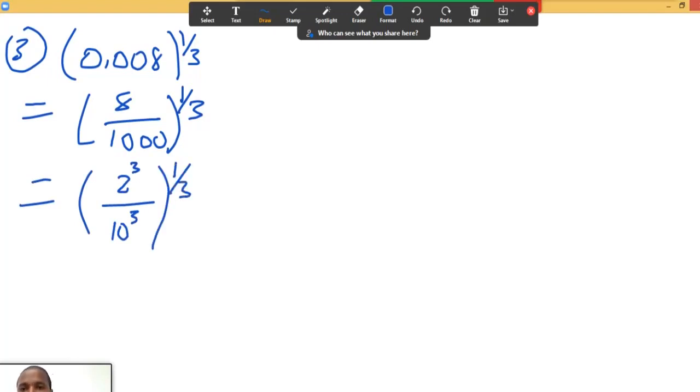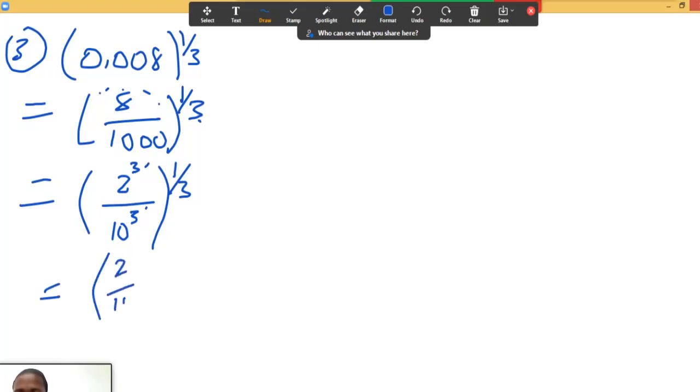The trick here is to always try to relate whatever you have in your bracket to what you have on the exponent. In this case we have 1 over 3, that's why we're using 3, because we're trying to relate it to 1 over 3.